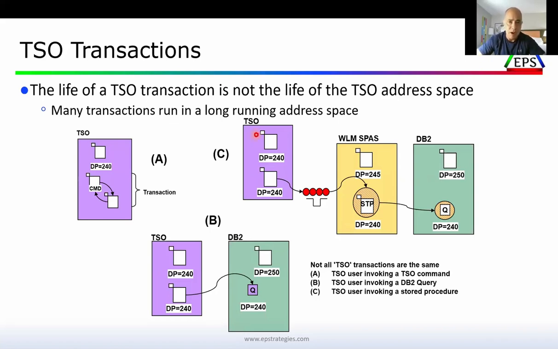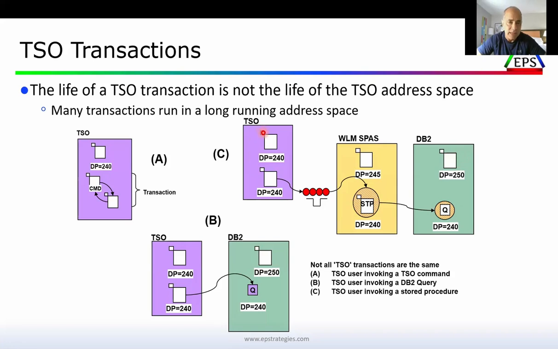And the same thing is true up above, where I have a TSO user calling a stored procedure. That stored procedure is running in another address space called the WLM stored procedure address space, which is probably doing DB2 queries in the DB2 address space. Just understand that the CPU time of the DB2 query and the CPU time of the stored procedure is accumulated back to the TSO transaction and the TSO address space, not to DB2 and not to the WLM stored procedure address space.